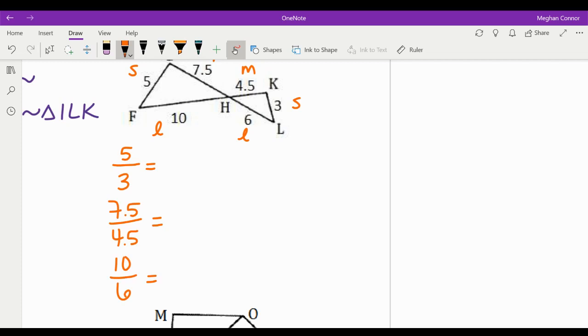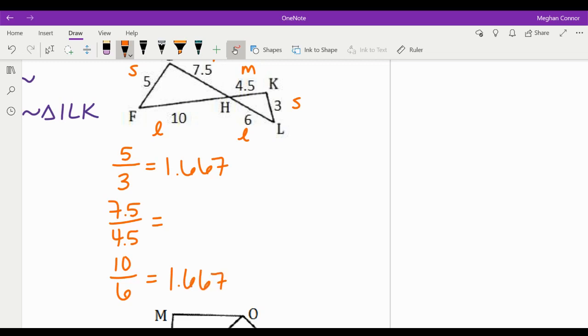5 divided by 3 is going to be 1.66666 repeating. 10 over 6 is going to be 1.66666 repeating as well.